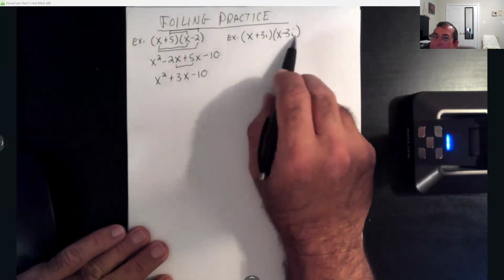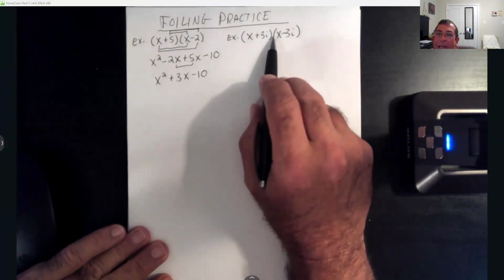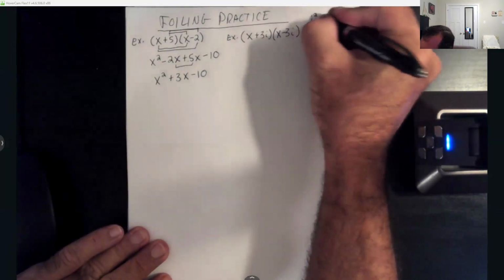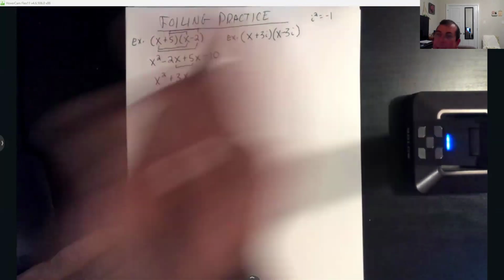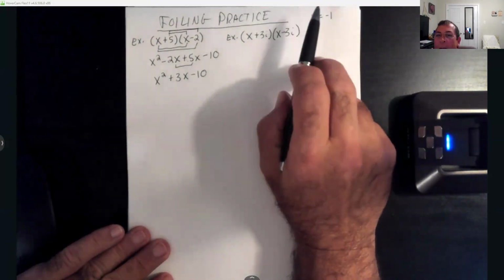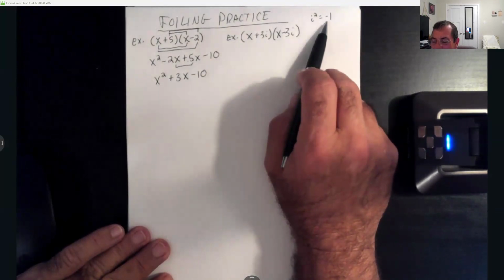Now, the thing you got to remember when you foil imaginary numbers is that if we get an i squared, i squared equals -1. If I get an i squared, I got to replace that with this -1, okay?